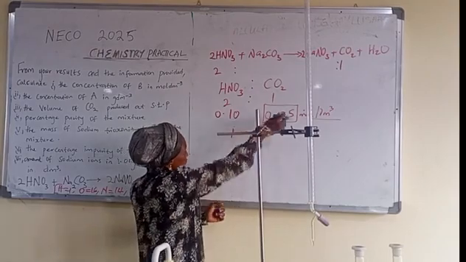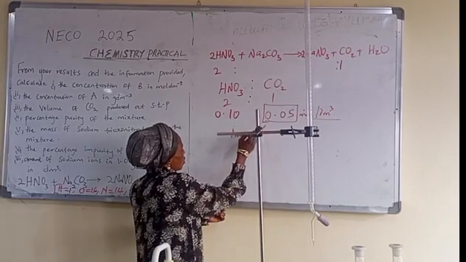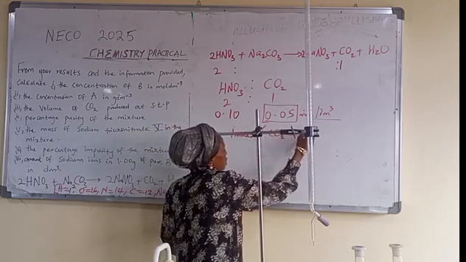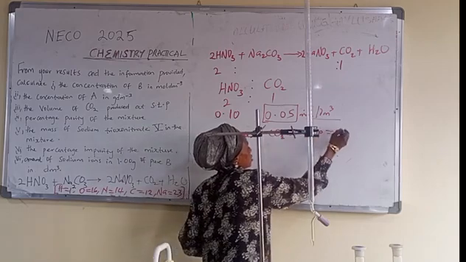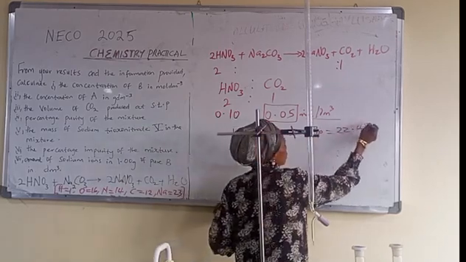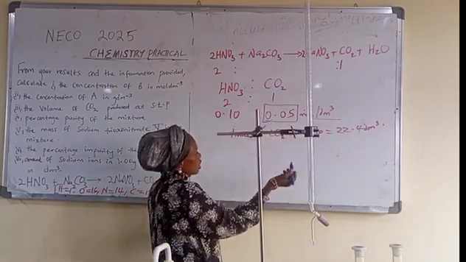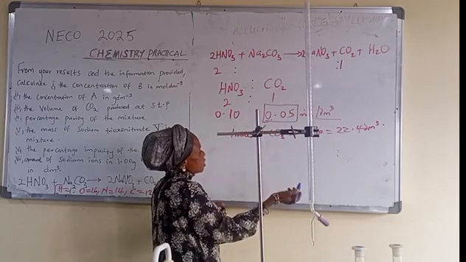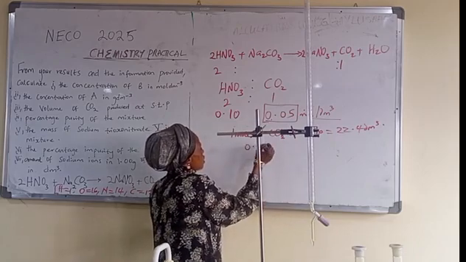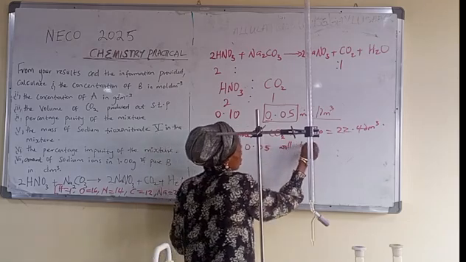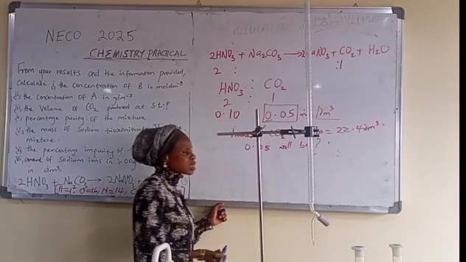So you still apply it here. 1 mole of CO2 at STP is 22.4 dm³. Now look at this one. So what is 0.05? How many will it be? That is what this question is asking us.